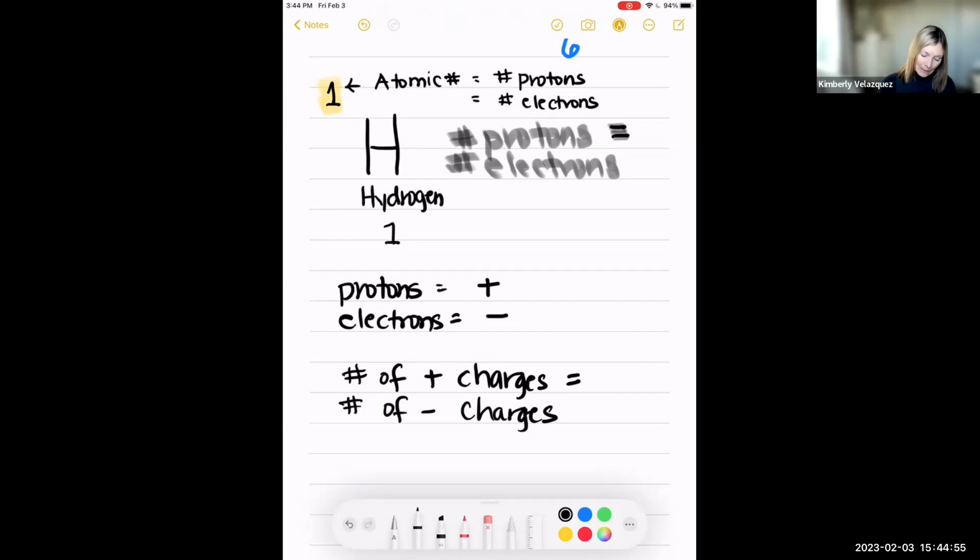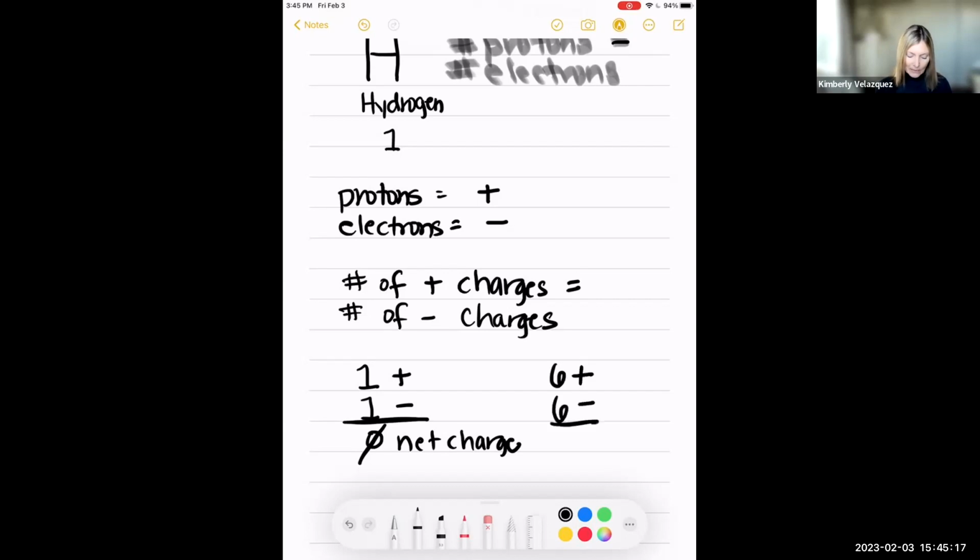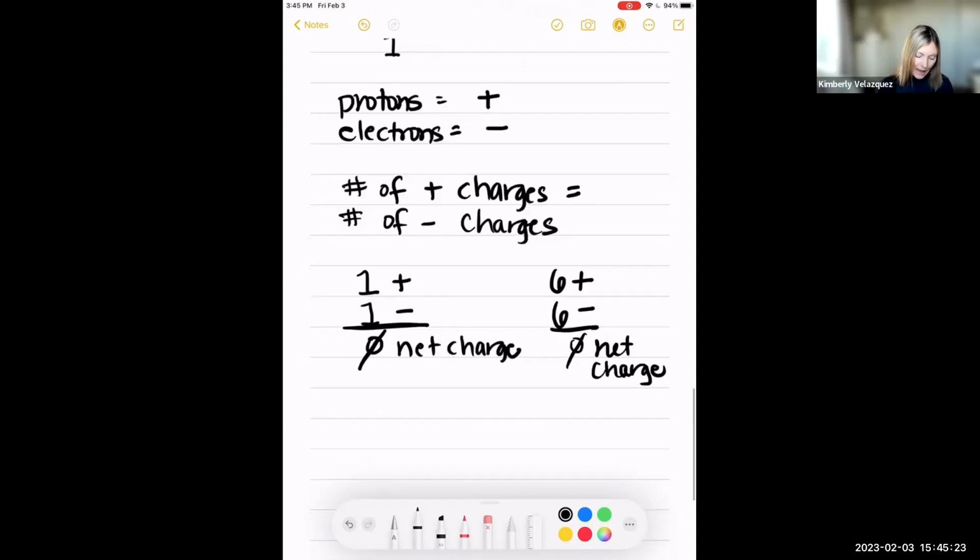If you have an element with 1 positive charge and 1 negative charge, that means that element has no net charge. The number of positively charged particles equals the number of negatively charged particles. Thinking back to carbon, carbon had 6 protons, which are positive, and 6 electrons, which are negative. No net charge.